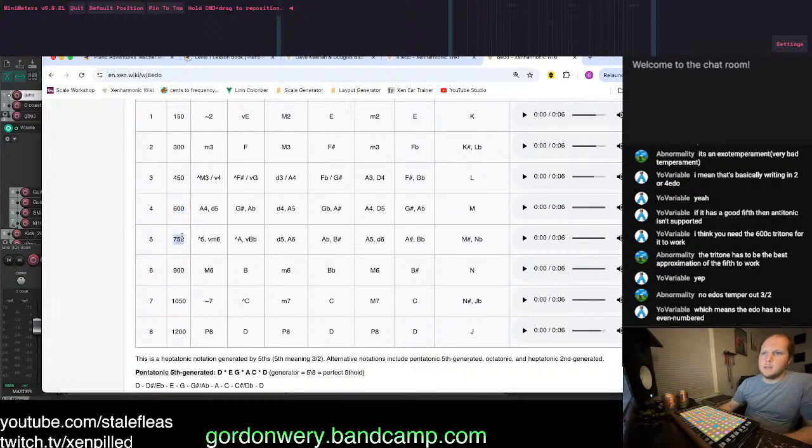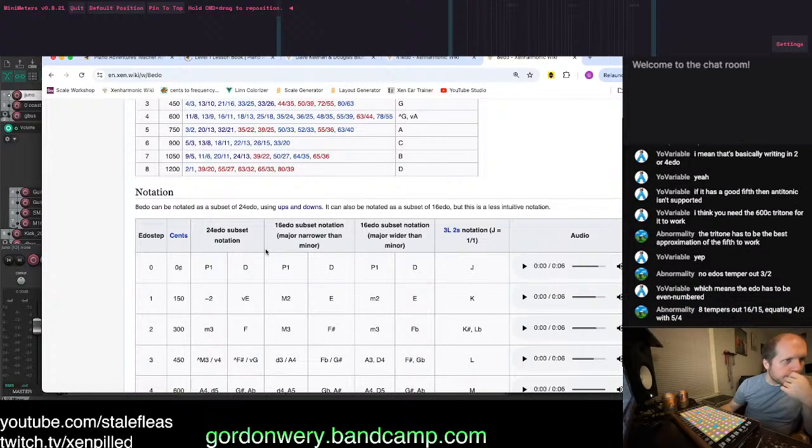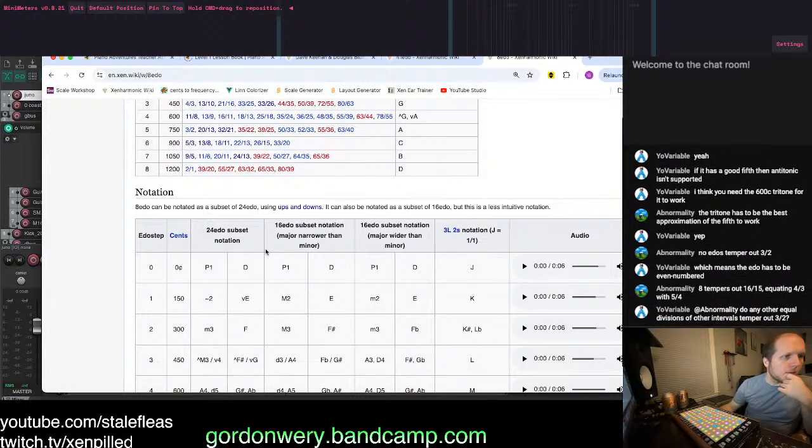I guess this would be the best fifth, and 8. No EDOs temper out 3/2. Oh, interesting. Eight tempers out 16/15, equating 4/3 with 5/4.